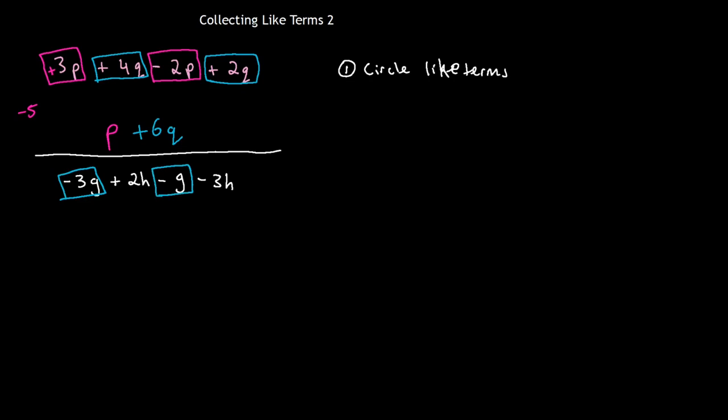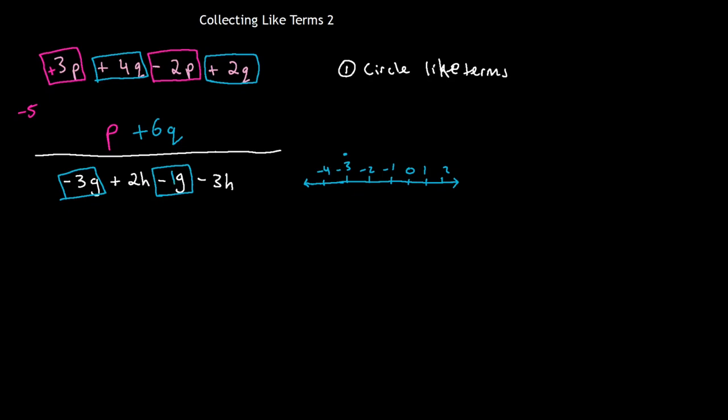If you are not sharp on your negative numbers, you can always draw a number line. There's 0, there's negative 1, negative 2, negative 3, and we go to negative 4, and so on. On the right hand side we have 1, 2. So I'm at negative 3, and I'm going to take away 1g.